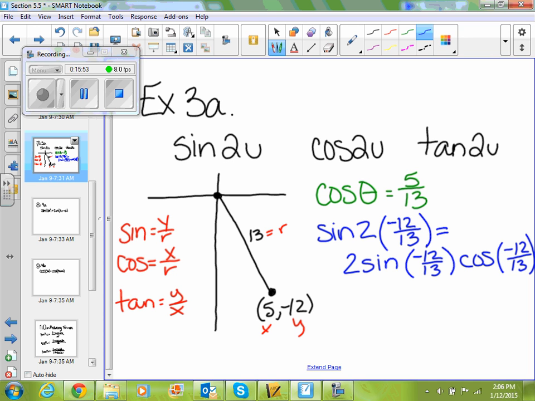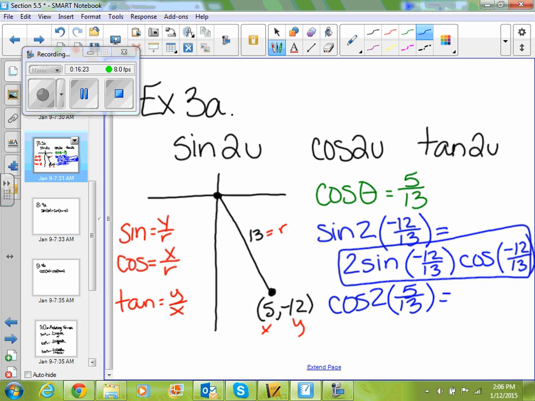Okay, and then since you don't know sine and cosine, that's pretty much as far as you can go. So you're just rewriting them. If you do the same thing for cosine of 2u, it doesn't really matter which formula you use.